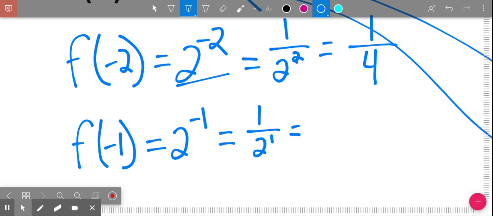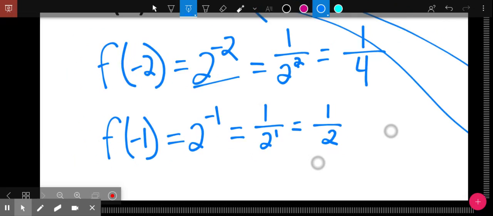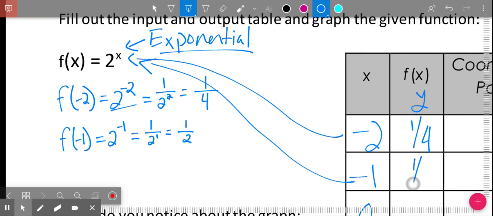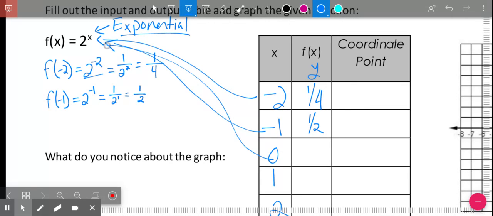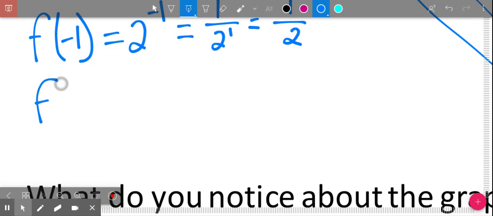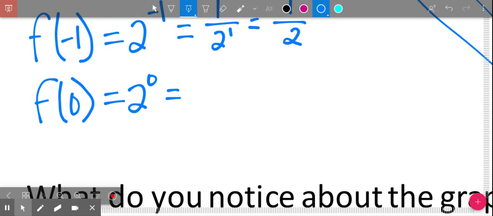Now remember, inputs is the same as our domain, and that's also our x values. We're going to be talking about domain and our inputs a lot, just like we've done on the first couple sets of notes too. Domain, x values, all of that is our inputs. So that means all real numbers can be inputs.